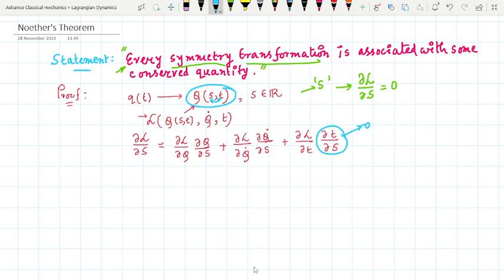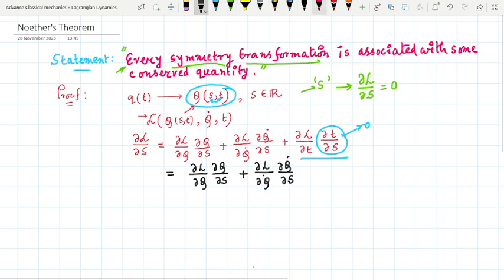T does not depend on S and S does not depend on T, so the variation of one parameter with respect to the other should be 0. So this term is eliminated, and this results in del L del Q del Q del S plus del L del Q dot del Q dot del S.